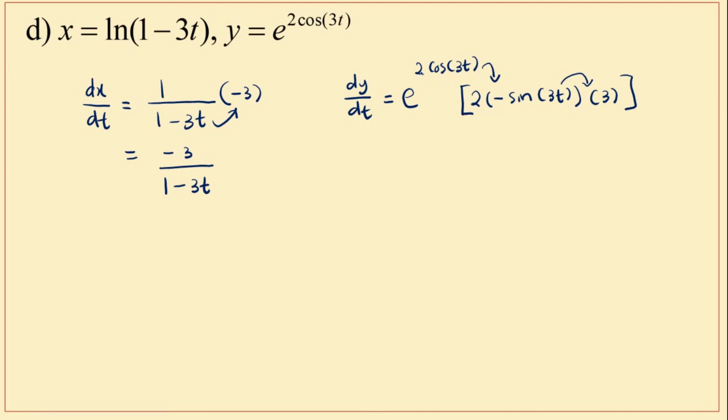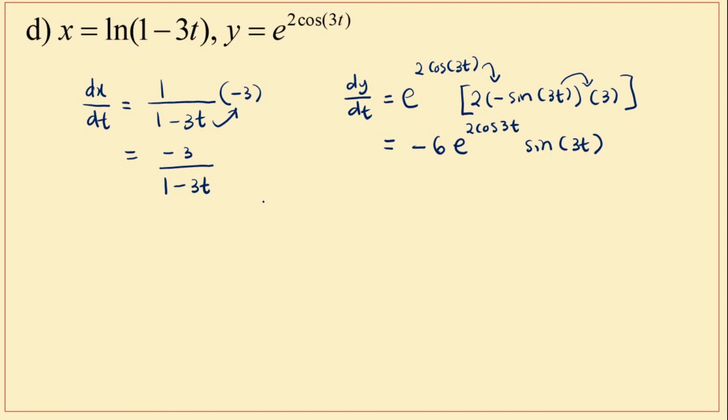First, the 2 is a constant, so it does not affect the derivative. The derivative of cos is negative sine. Copy everything back inside the bracket, so 3t there. After that, differentiate what is inside the bracket, and we get 3. Simplifying, dy over dt is equal to negative 6 e to the power of 2 cos 3t times sine of 3t.